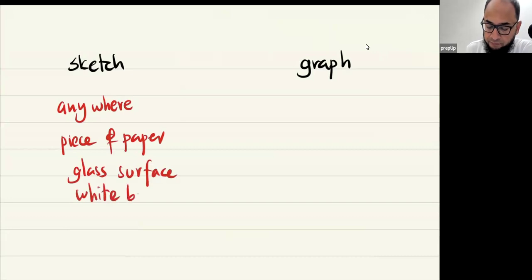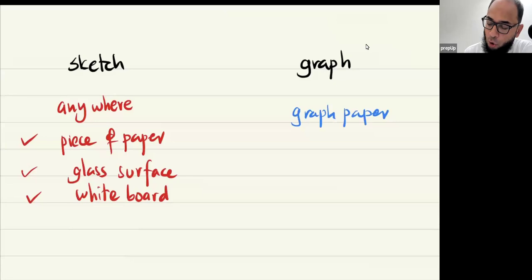So anywhere we can draw a sketch. Whereas a graph has to be drawn on graph paper, or a grid, something like that. If that's given, that is a graph.